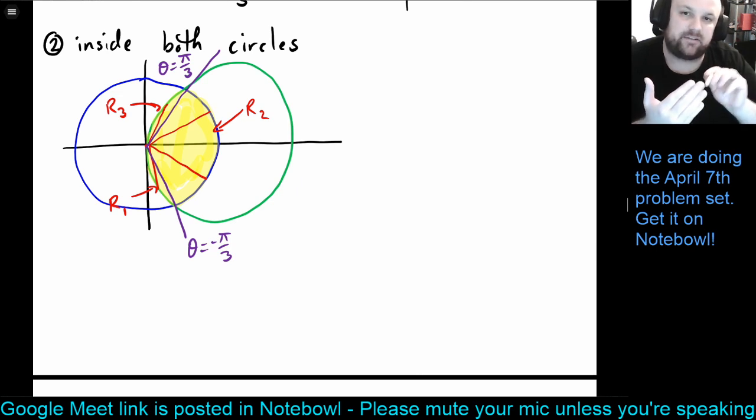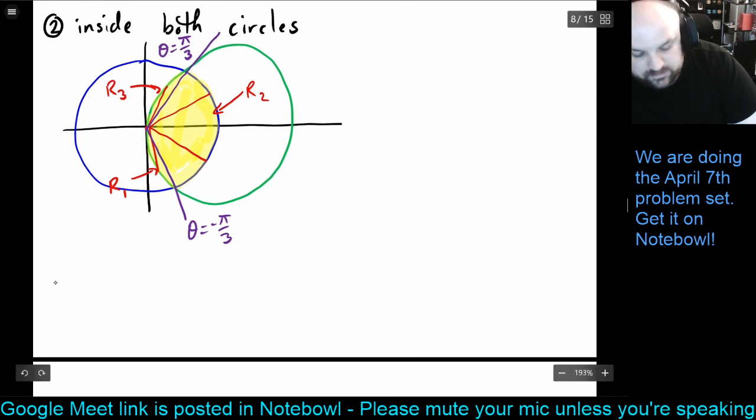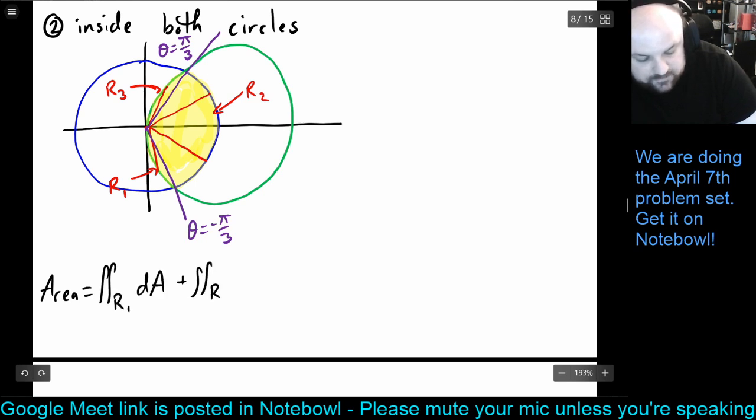Sometimes they end at green, sometimes they end at blue. And that changes in 3 distinct parts there. So the area of this, I'm going to have to integrate over the 3 parts separately.